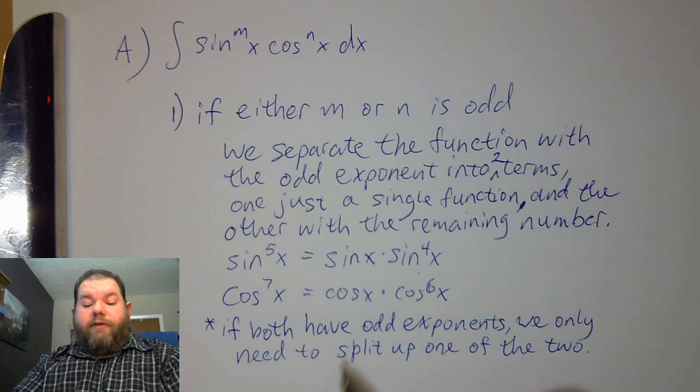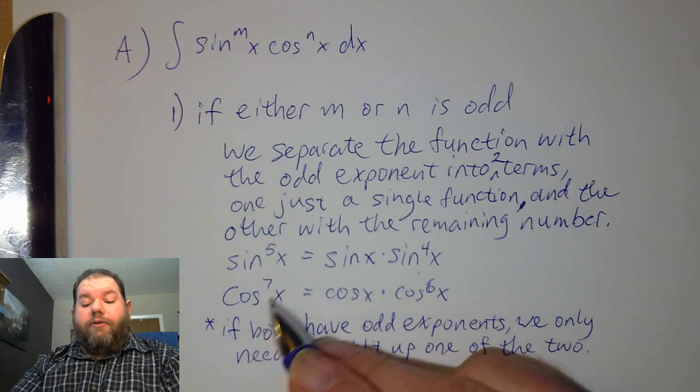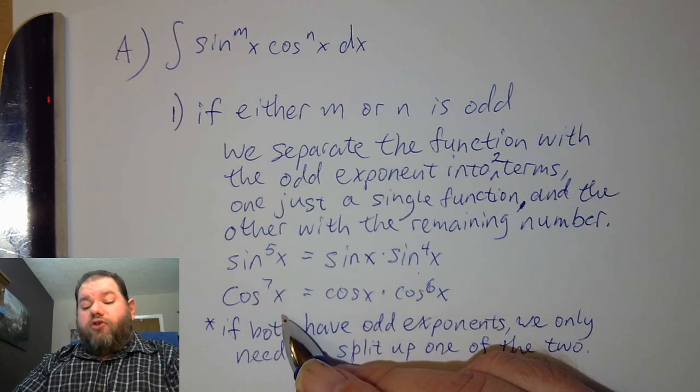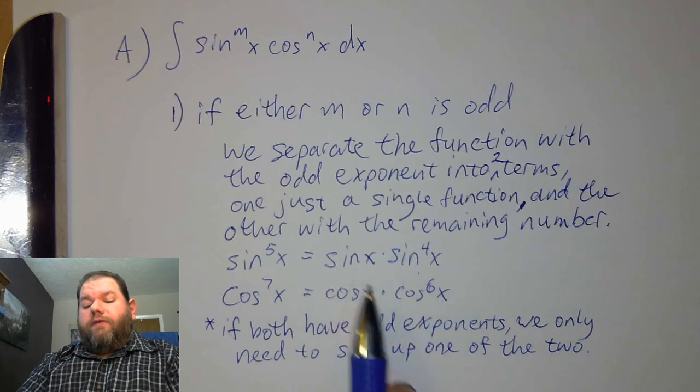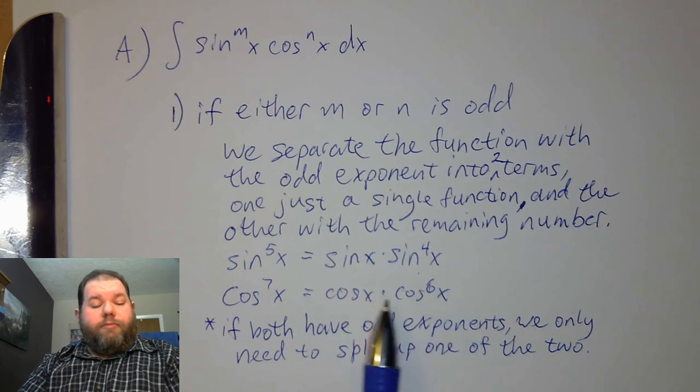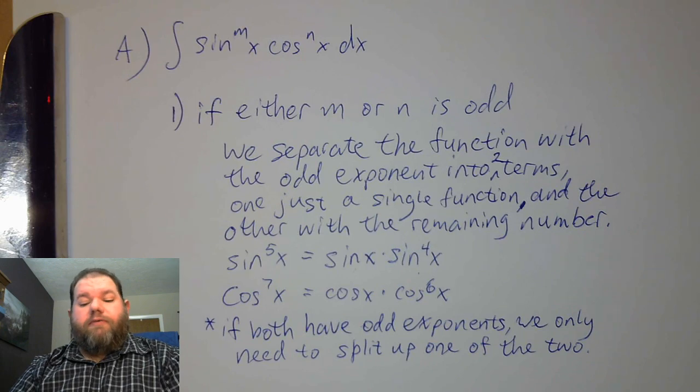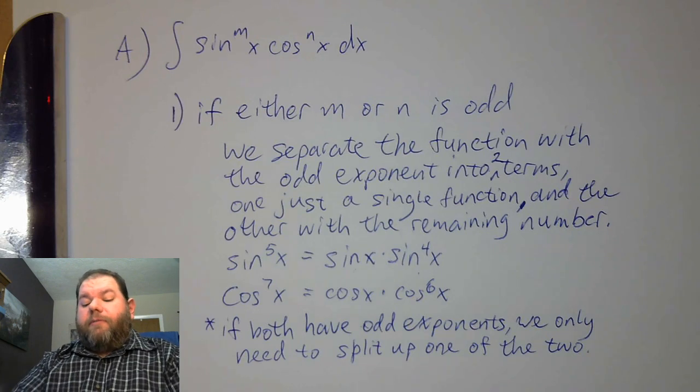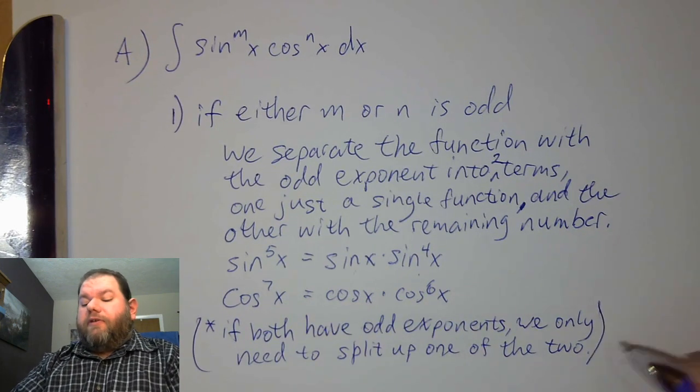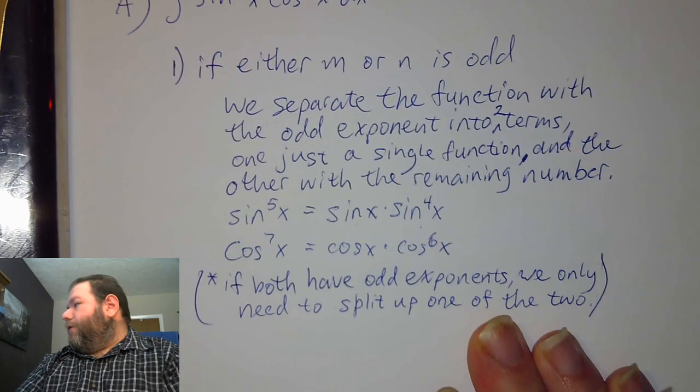So it may be that we have both sine to the 5th and cosine to the 7th in our expression. We only need to do this for one or the other. We don't want to do both because it's actually counterproductive in this sense. And I'll talk about why when we actually look at an example.